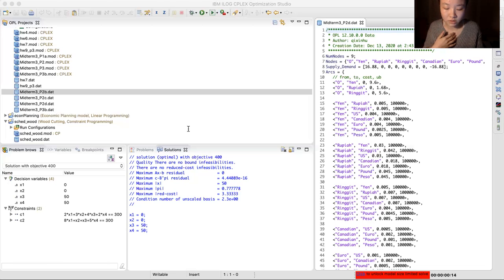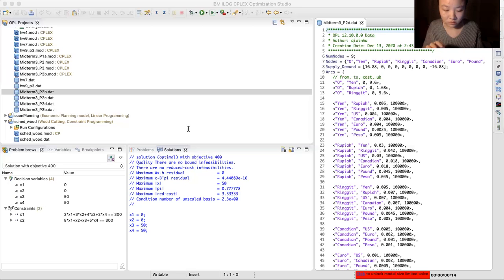After calculation, I get $9.6 million of Japanese holdings, which is in yen, rupees worth $1.68 million, and ringgit, which is Malaysian currency, worth $5.6 million.